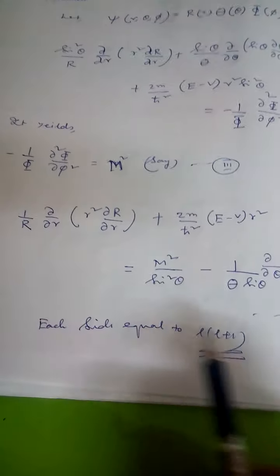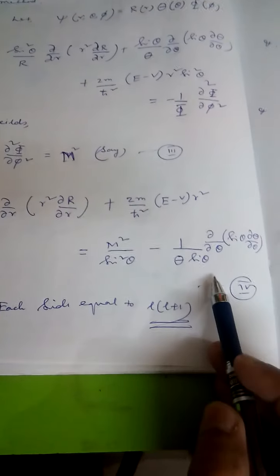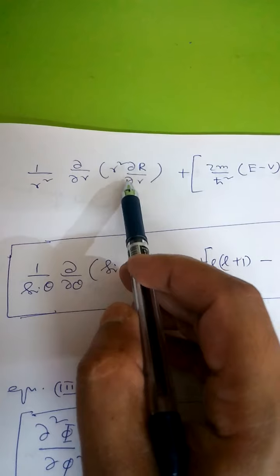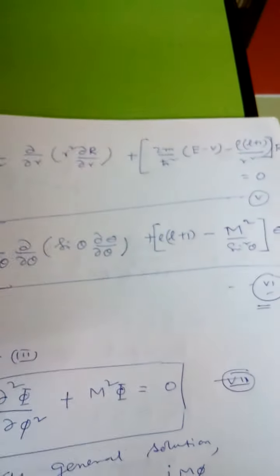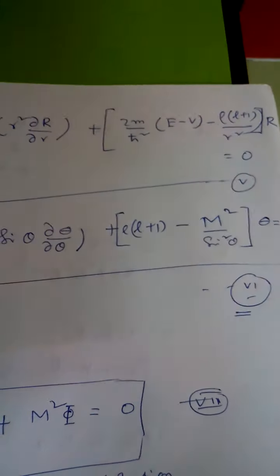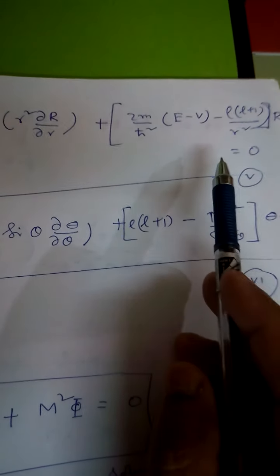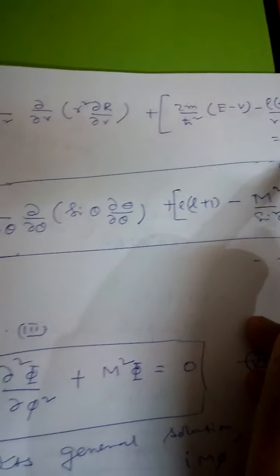Clear? So putting this value L(L+1) into the left hand side term and the right hand side term separately, after simplification we get (1/r²) d/dr(r² dR/dr) + [(2m/ħ²)(E − V) − L(L+1)/r²] R = 0. Let it be equation 5.